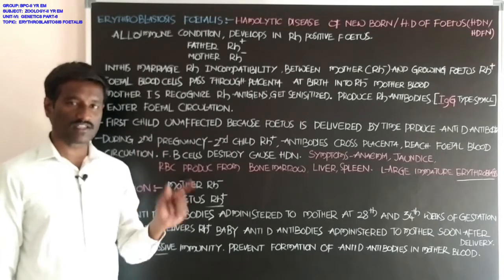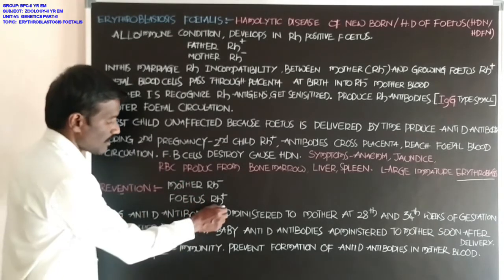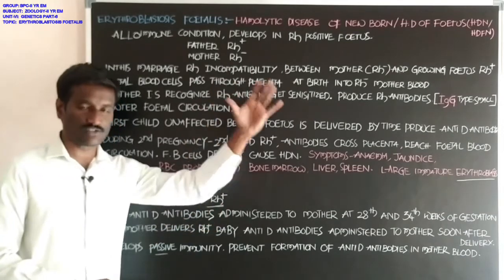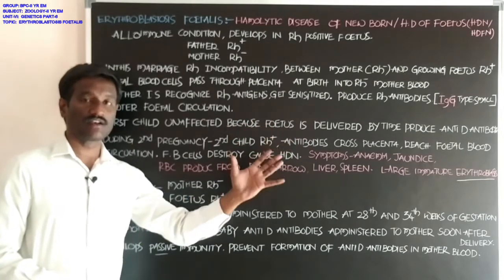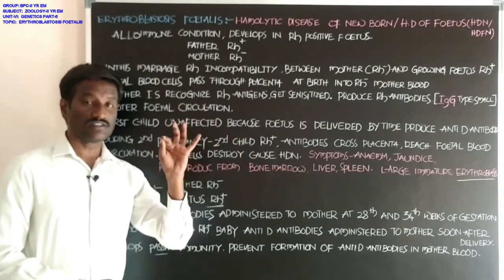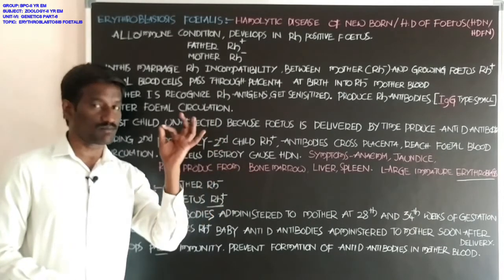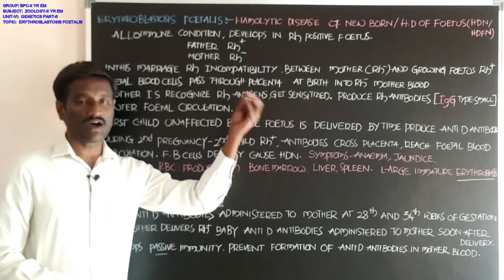Now, prevention of erythroblastosis foetalis. The mother is Rh negative and the fetus is Rh positive. This Rh positive phenotypic character shown by the fetus is inherited from the father; the gene for Rh positive is received from the father.